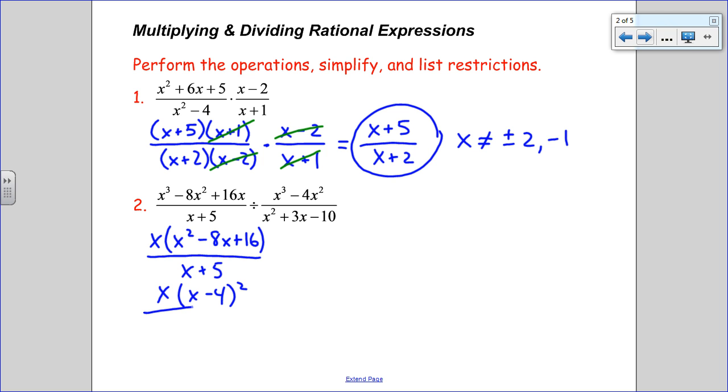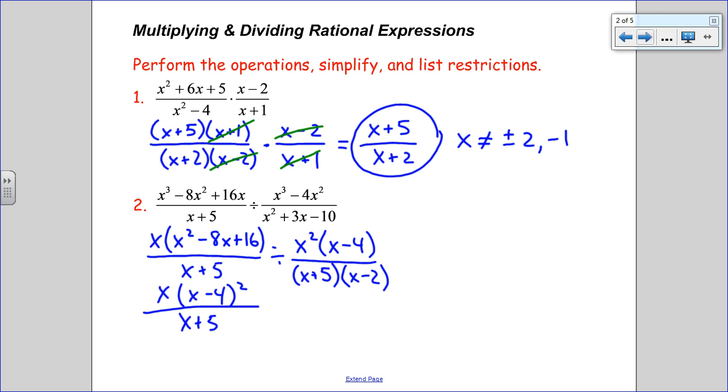So we can factor it as the binomial x minus 4 squared. In the divisor, the numerator has the greatest common factor of both terms, x squared. And the denominator, the trinomial, can be factored as the quantity x plus 5 times the quantity x minus 2.